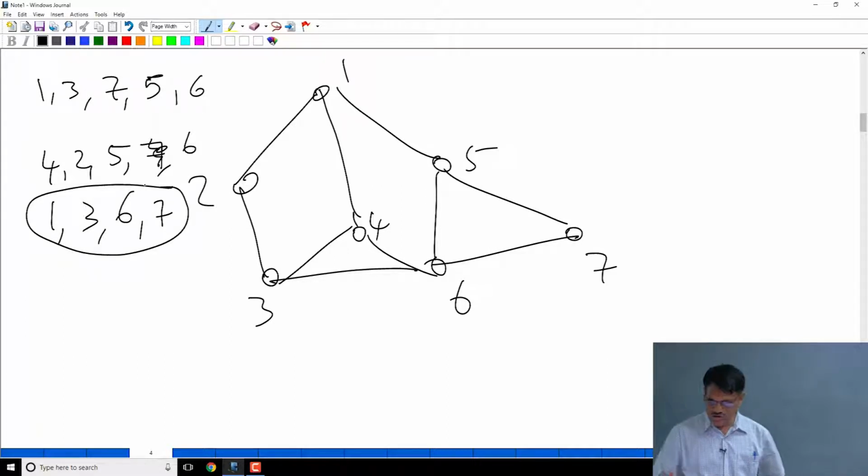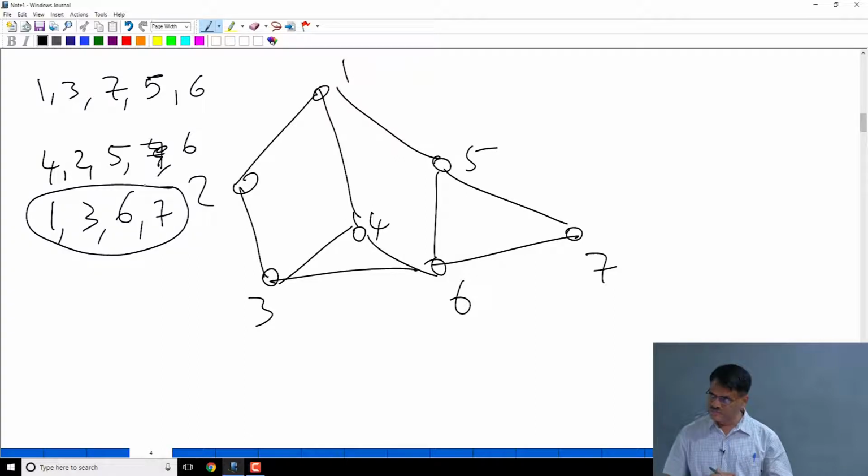If you don't choose 4, you have to... Oh, good. These are excellent observations which I am going to use later. If you don't choose 4, you will pick 1 3 6. Then you have to pick one of 5 and 7. So you have 4 vertices.